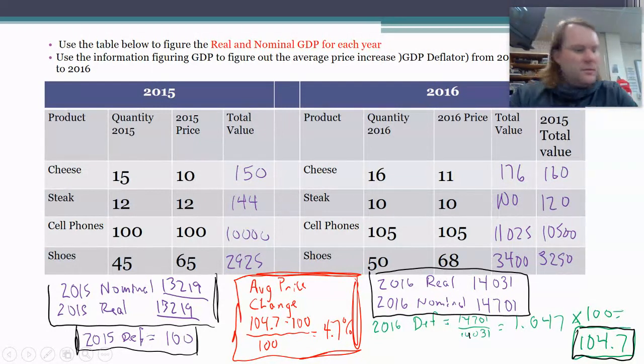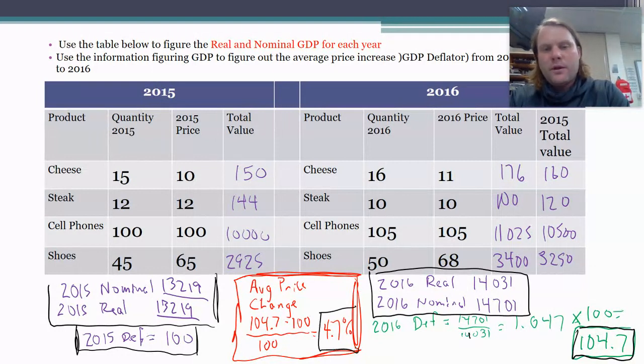But we're not quite done yet. We've got to take 104.7 minus 100 and then divide it by 100. It ends up at 4.7%. Hopefully you're able to get that answer there.